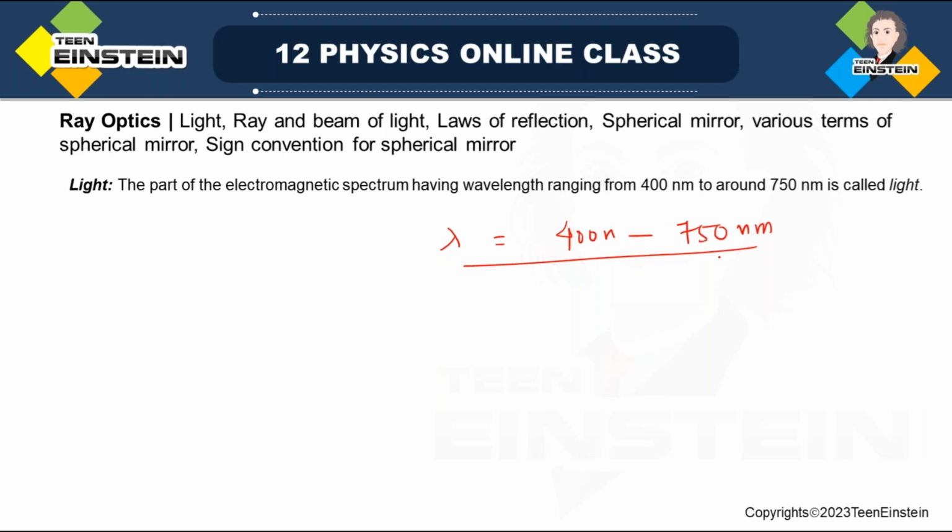This particular range of the electromagnetic spectrum is called light.